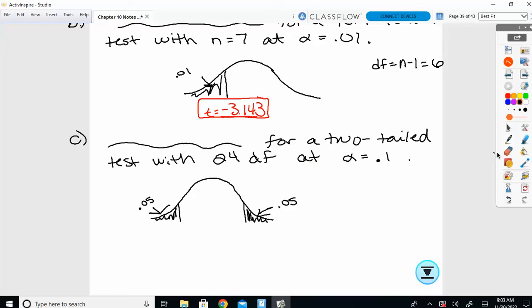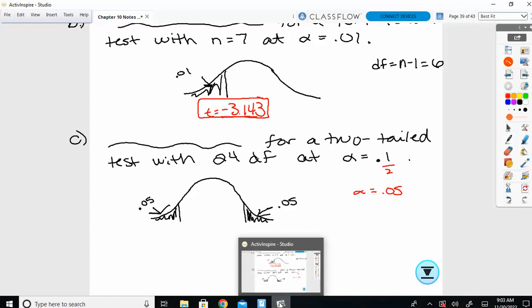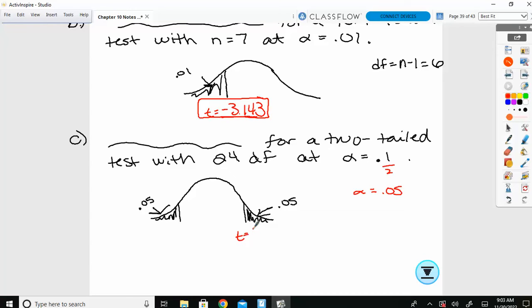I did give you the degrees of freedom, so you are looking up 24 degrees of freedom, but the alpha you're actually going to look at is 0.05 because we had to split that up over the two tails. So 24 degrees of freedom at 0.05, and it tells us 1.711. So this would be a negative 1.711. Or you could just say t is plus or minus 1.711. And again, we had to have both because it was a two-tailed test. So there were two t values that we had to find.